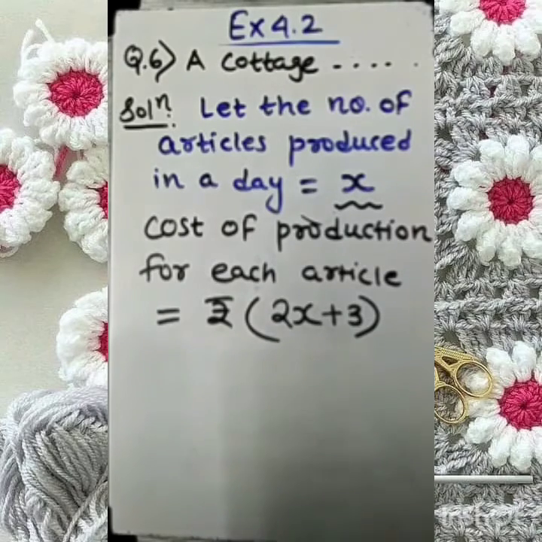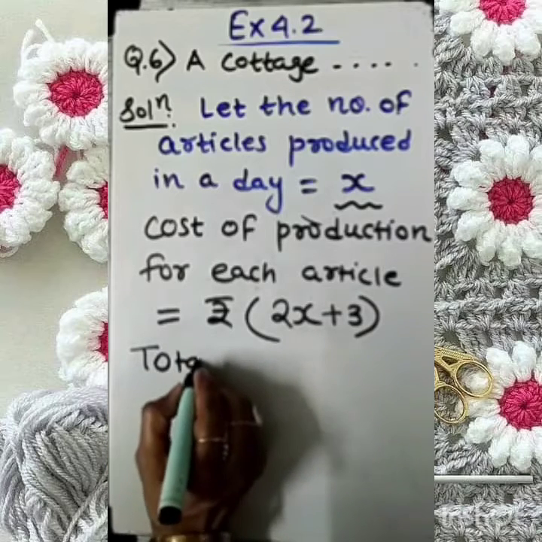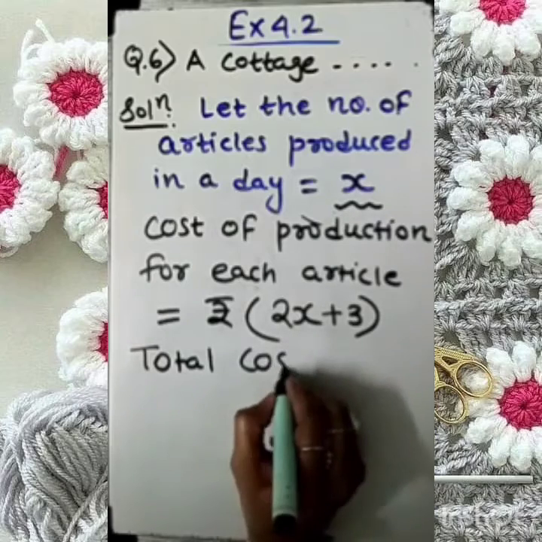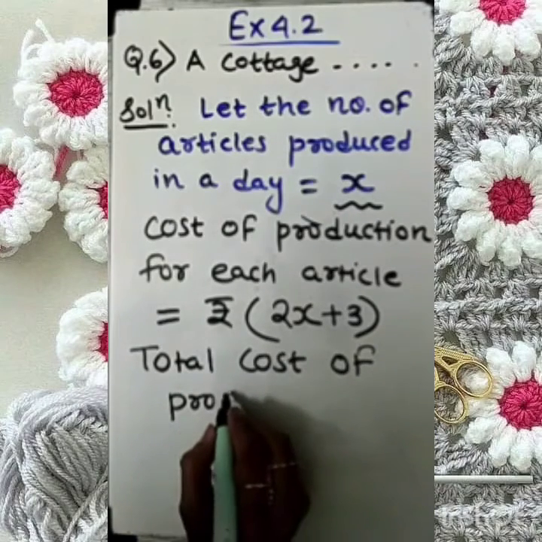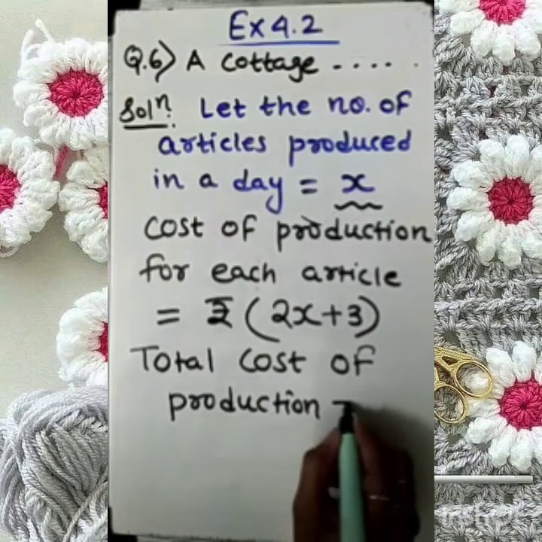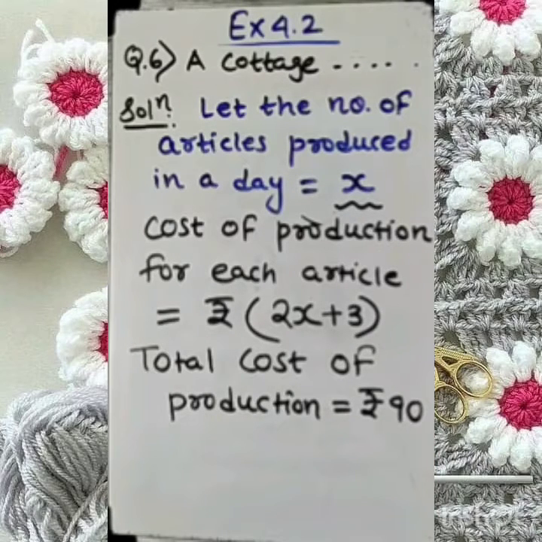Now, the total cost of production is given. What are we given in the question according to that? That is rupees 90, right? So let's make an equation.